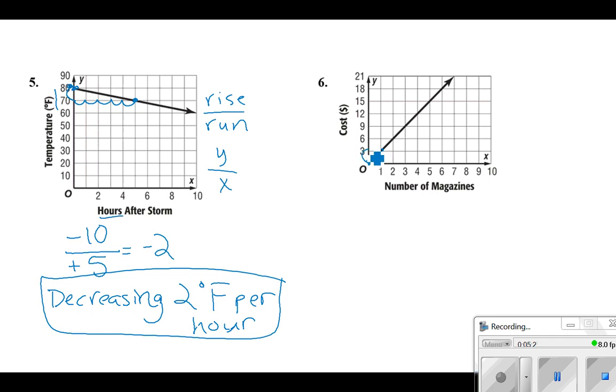So one bubble going up for the rise. Each bubble represents 3. And then the run represents 1. So that equals 3. And it's dollars per magazine. So $3 per magazine.